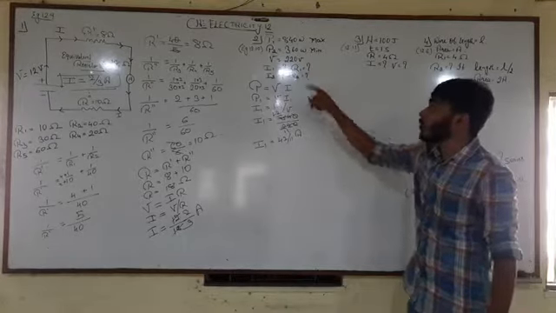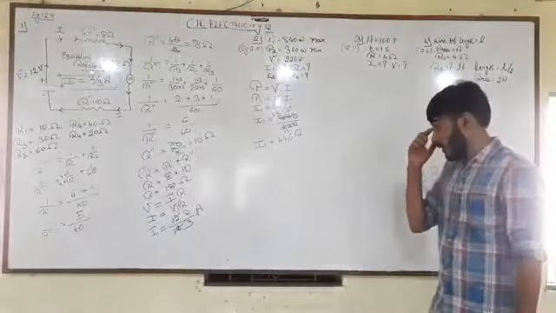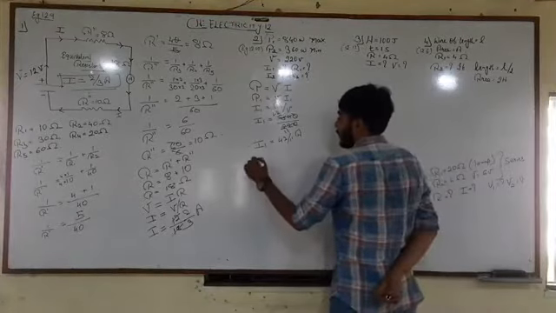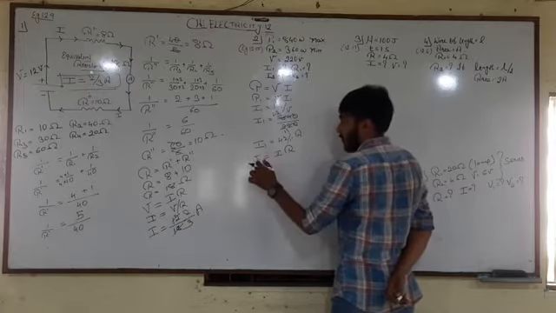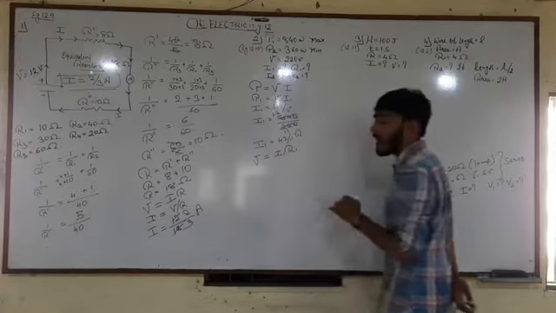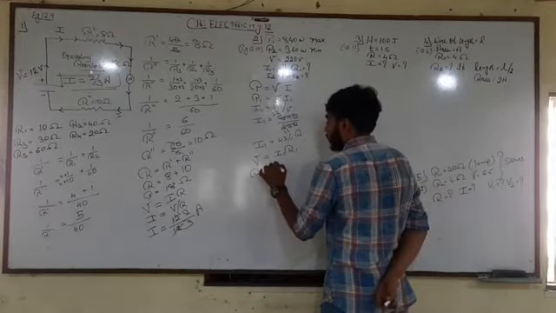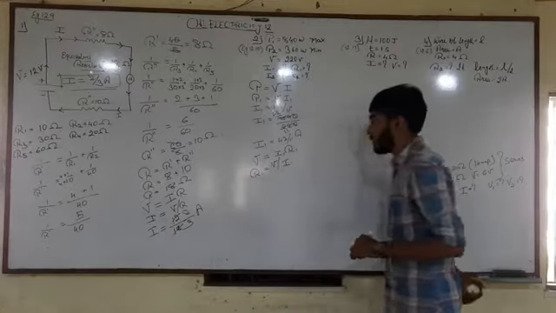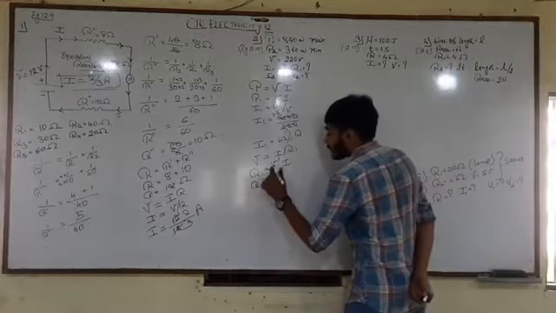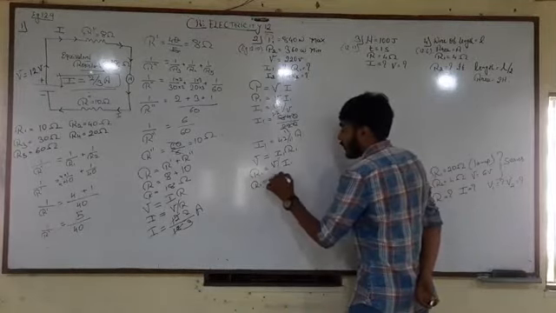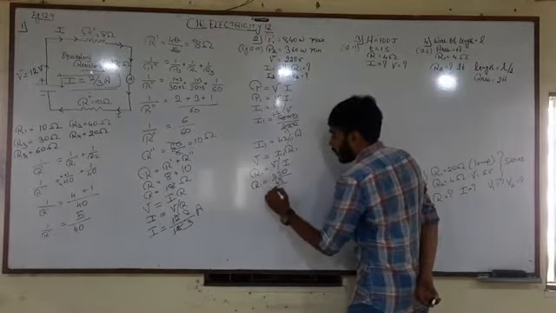What we need to find now is the resistance, R1. We know the general formula V is equal to IR. Now we have V and I1, so we can find R1. The formula becomes R1 is equal to V upon I1, so R1 is 220 volts upon 42 upon 11.